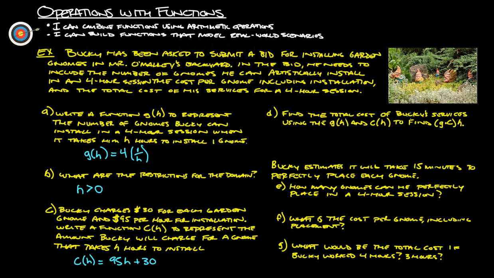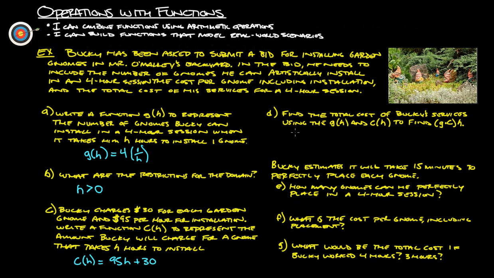Use the total cost of Bucky's services using G of H and C of H to find G times C of H, because this is how long it's going to take for each gnome, and that's going to be the hours that he's going to spend. So we can use that and multiply it by this to actually figure out what the total cost is, instead of first figuring out the hours it's going to take and then plugging that hours in to find the total cost. We're going to actually combine these together.